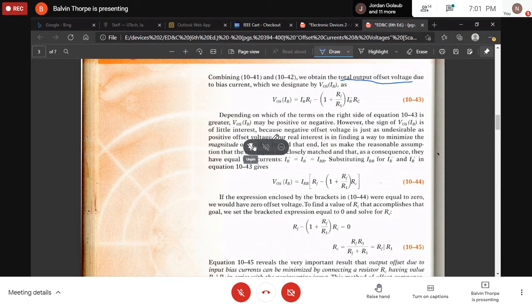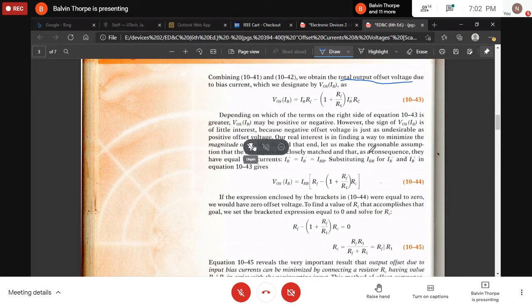Remember, what we want to do is get rid of the offset voltage. We're not bothered whether it is negative or positive. Our real interest is to find a way of minimizing the magnitude of the output offset voltage due to the bias current.